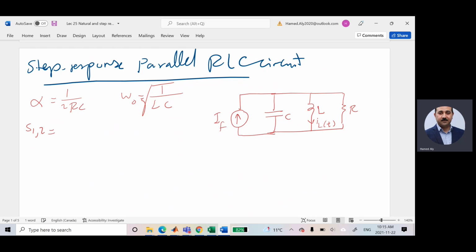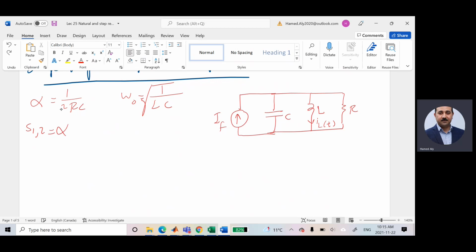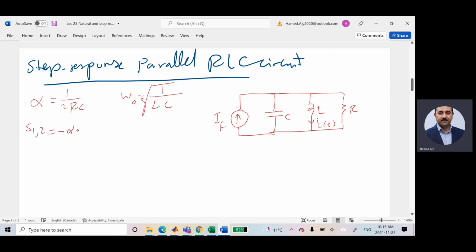And then S1 and S2 are equal to negative alpha plus or minus the square root of alpha squared minus omega naught squared.